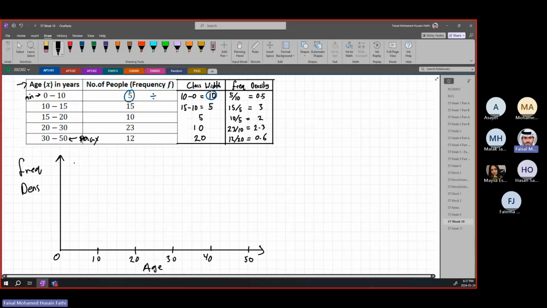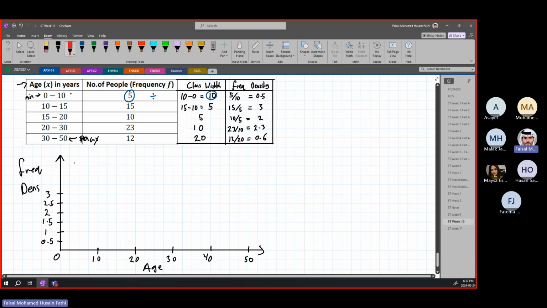Frequency density starts from 0.5 being our lowest, and our largest value is 3. So I'm going to put 0.5, 1, 1.5, 2, 2.5, and 3. And now you can draw your histogram depending on each class width and frequency density.